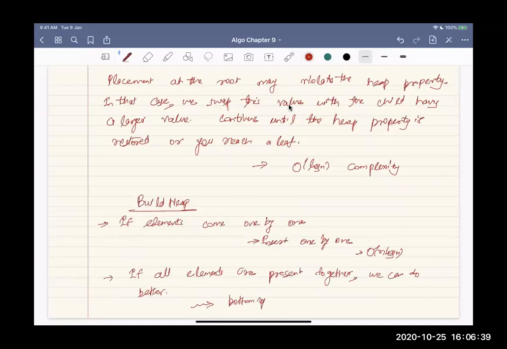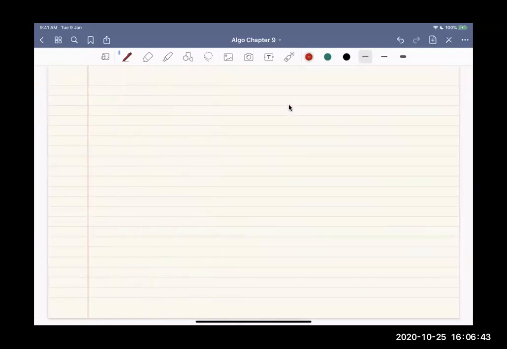Let's take a simple example. Suppose I have just 5 elements, 20, 25, 30, 50, 100, the same 5 elements, and let's say they are occurring in a sorted manner, right? And you put them in a heap like this. So you start by assuming this is a heap.